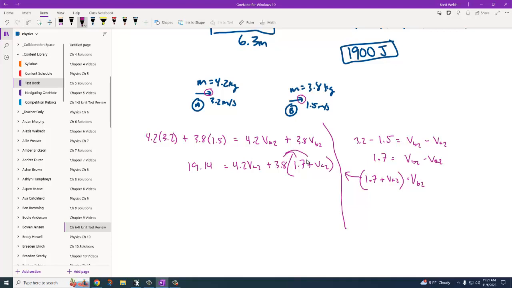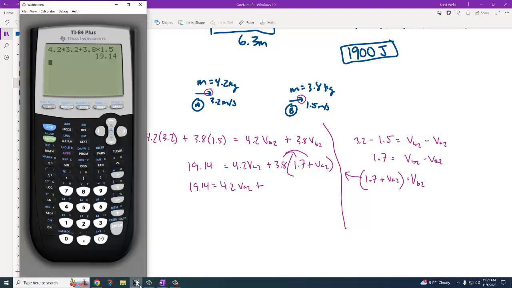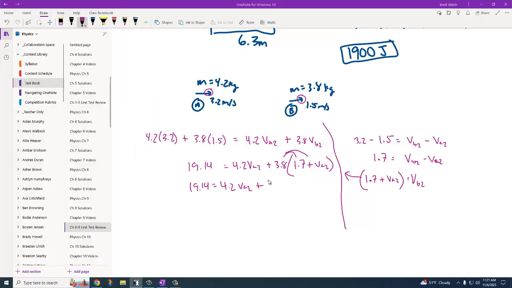If I do a little distribution and some cleanup, I'm going to get 19.14 equals 4.2 VA2 plus 3.8 times 1.7, whoops, is 6.46, plus 3.8 VA2.